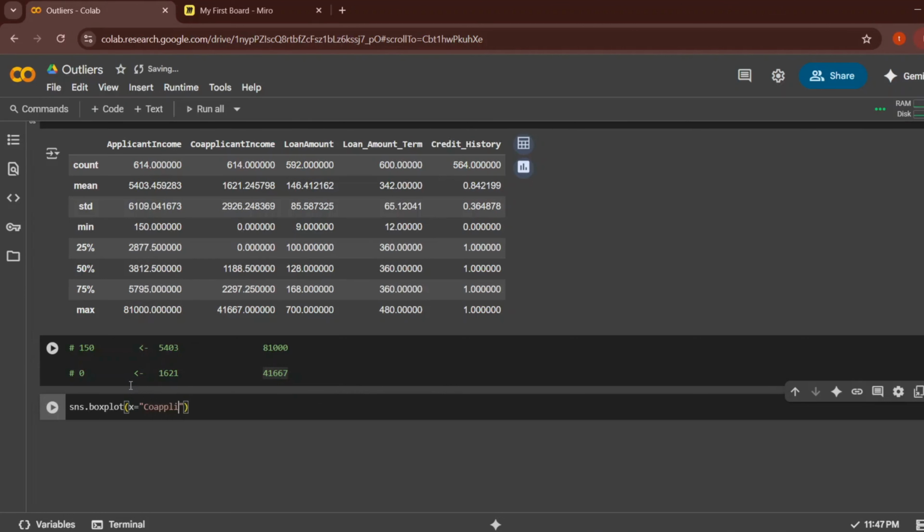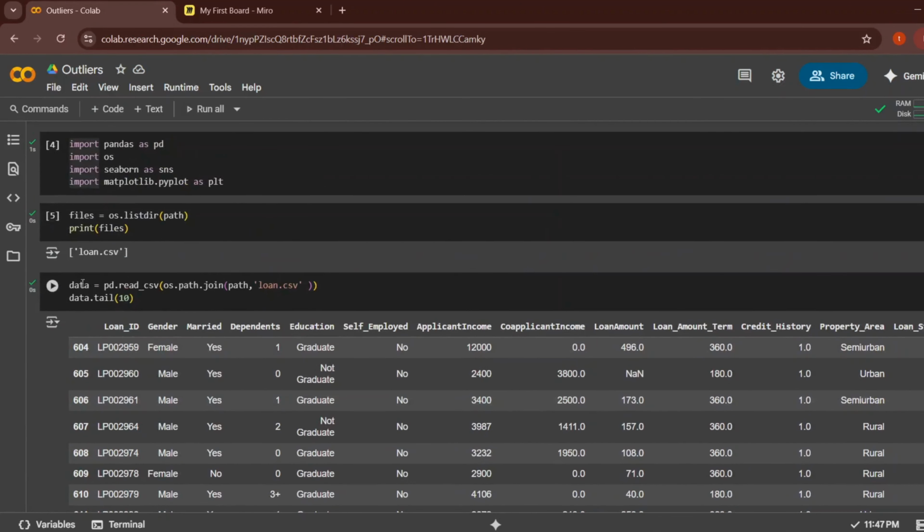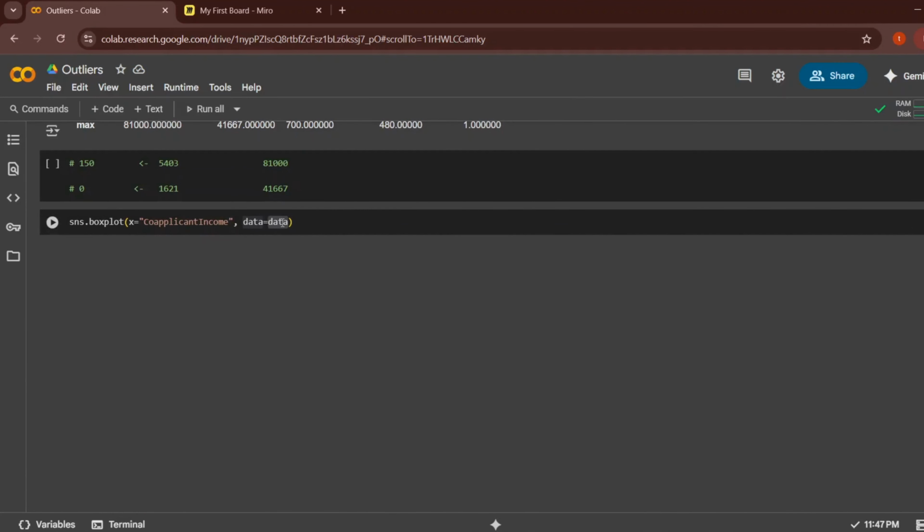As I chose the co-applicant income column, I would write co-applicant income, and here in the parameter I would write data equals data. I am writing data here because we stored our dataset in the variable data. If you chose dataset or D or anything else, you just have to change it here. You will write dataset instead of data, but as I wrote data, I would write data here.